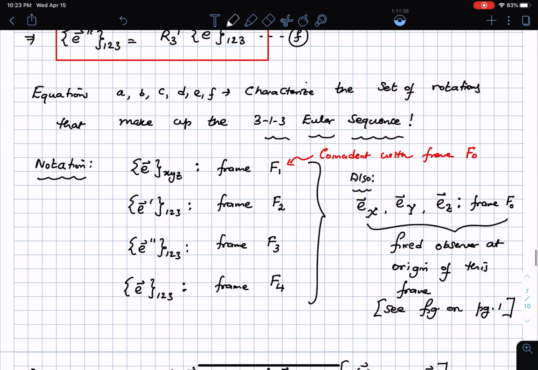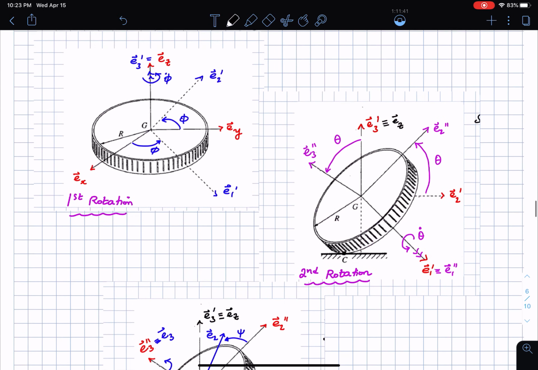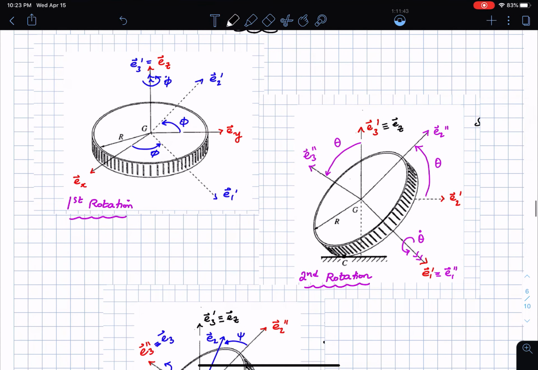If I look at the second rotation and set theta equal to 0, then the coin would start looking like the sleeping coin, similar to the reference configuration I started off with. In that configuration, if I gave a rotation rate of psi dot, it's kind of meaningless, right? Because psi dot and phi dot will be the same.